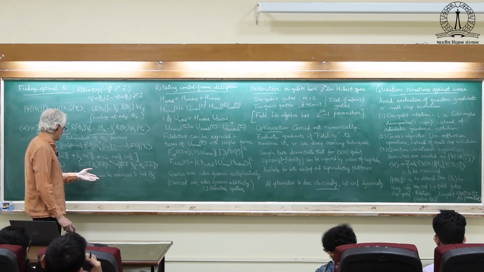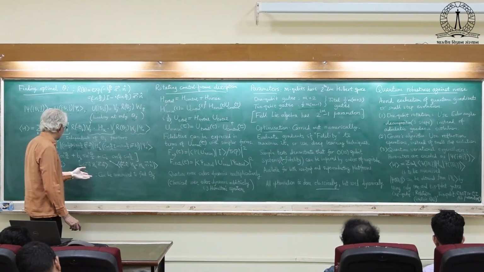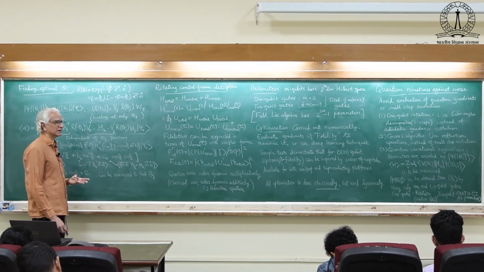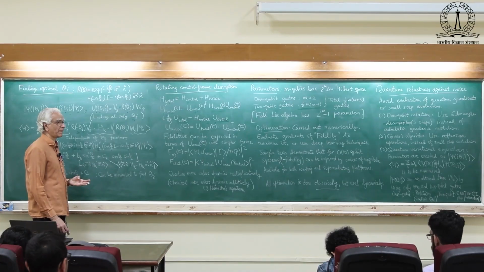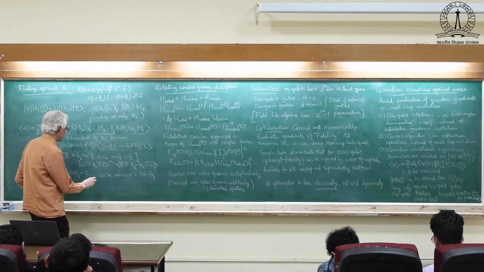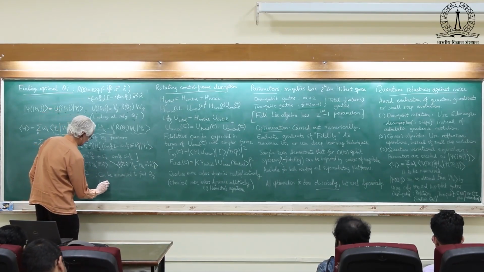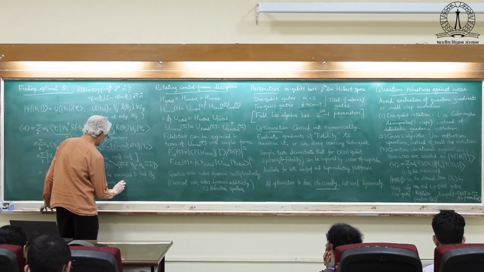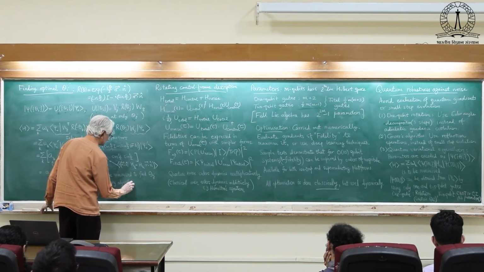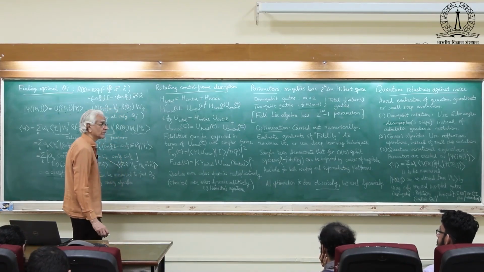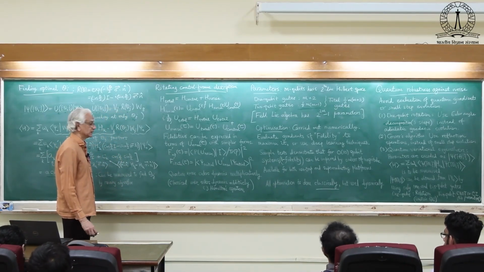But how many trials do I need to determine A, B, C? I need only 3 measurements. There are 3 unknowns. Three measurements at different values of theta j.